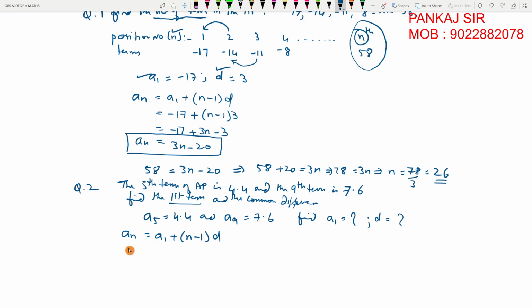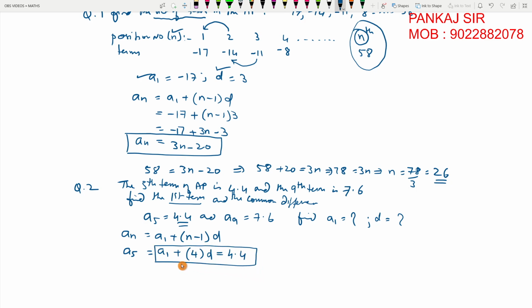So in this formula, if I take n as 5, a5 equals a1, you don't know, so keep it as it is, plus 5 minus 1, which is 4, times d, which is unknown to you. And this a5 is given to you as 4.4. So I can write this equal to 4.4. So I'm getting this equation.